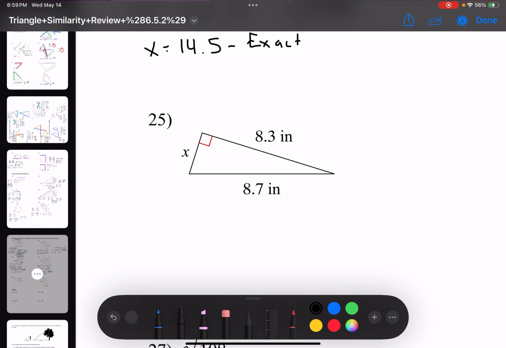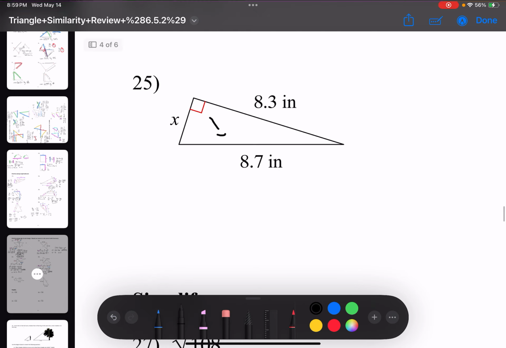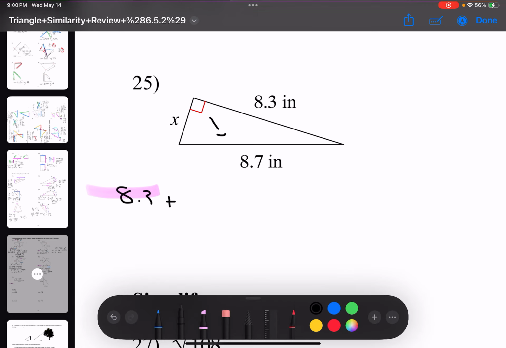Okay, find your C squared, whatever points out from there, which is this. Hold on, let me whip back out my calculator. So let's say 8.3 is our A, and then plus x squared. Y'all gonna piss me off. Oh my god, guys, I just let out my British slang. Equals 8.7 squared.